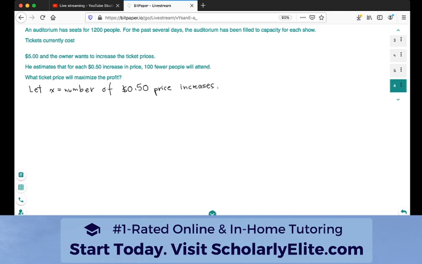Alrighty, that's good to know. We know that the price currently is $5, so the equation for the price would be $5 plus however many times you want to increase the price by 50 cents.